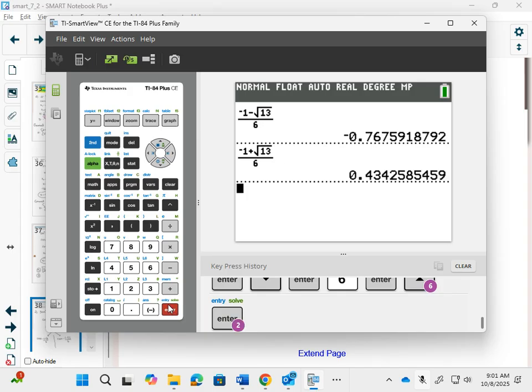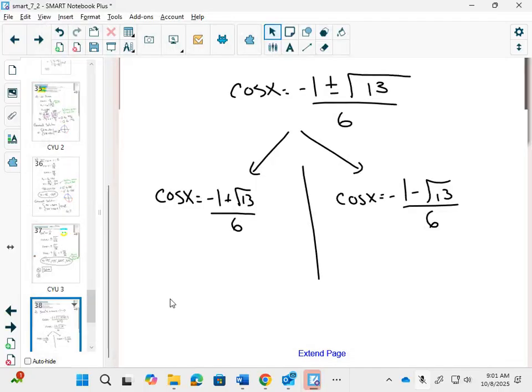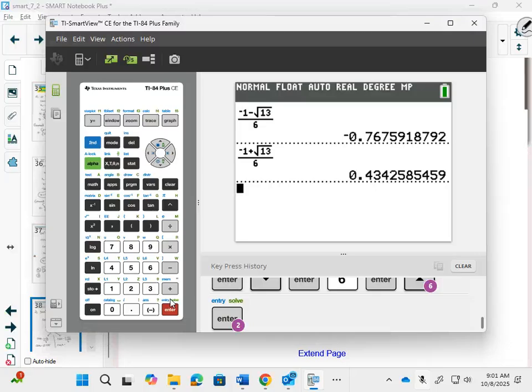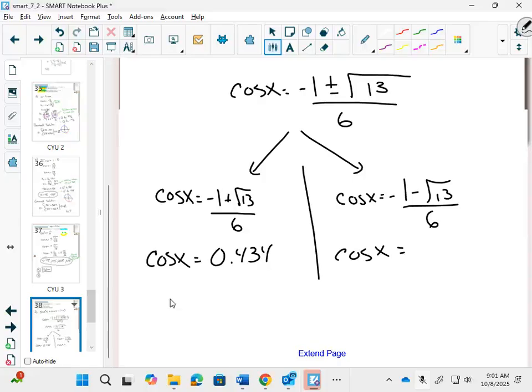Retype that one in so I can see it again. 0.434 for the positive one. And cos x for the negative one was equal to negative 0.767.